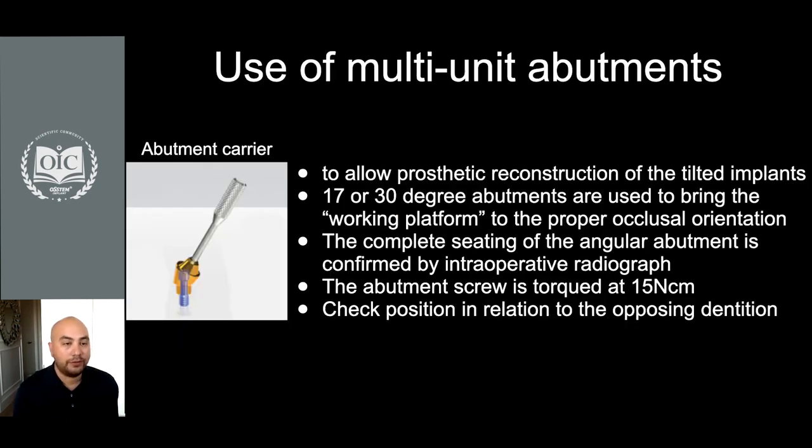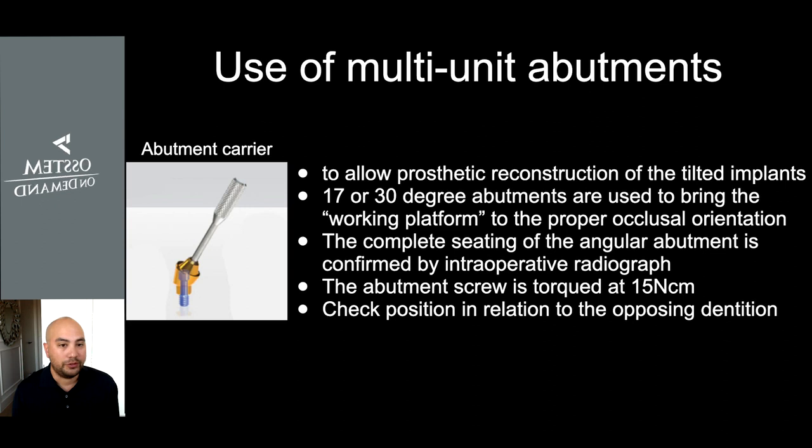It is important to familiarize yourself with the multi-unit abutments, which allow prosthetic reconstruction of the tilted implants. They usually come in a 17-degree inclination, and they are used to bring the working platform to the proper occlusal orientation. The complete seating must be confirmed, usually with intraoperative radiographs.